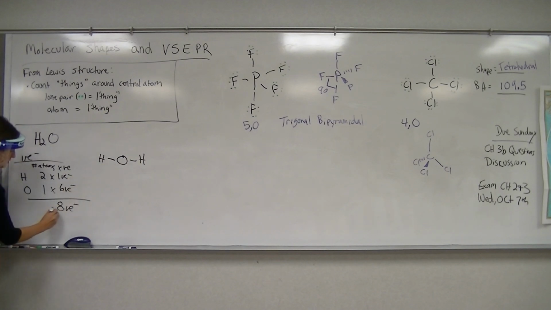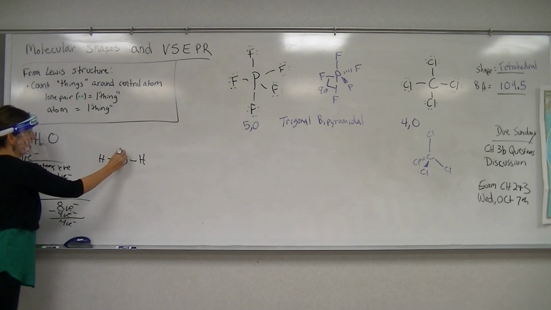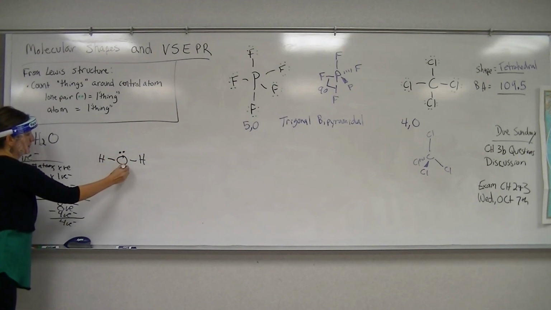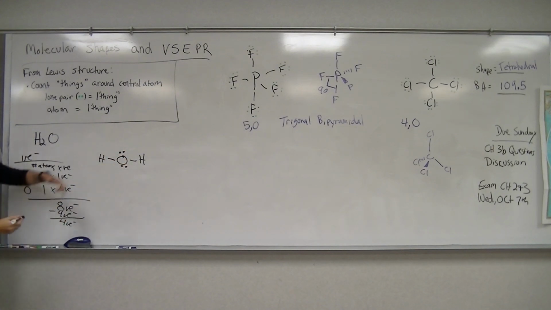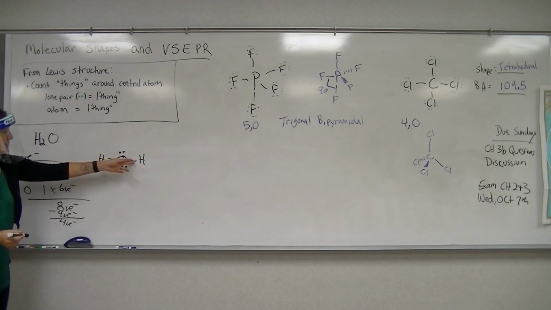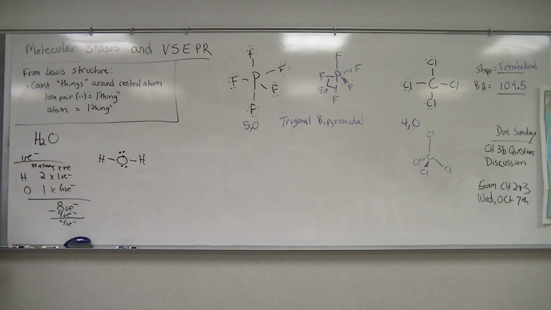We've used 4. And we have how many left? 4, and we just said that's how many he needs. So if he needs 4, we add them as lone pairs. Because now we have 2, 4, 6, 8. So oxygen has 8 total electrons, a full outer shell, a full octet, happy.